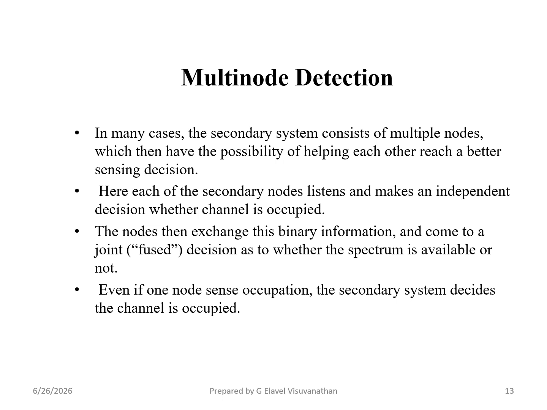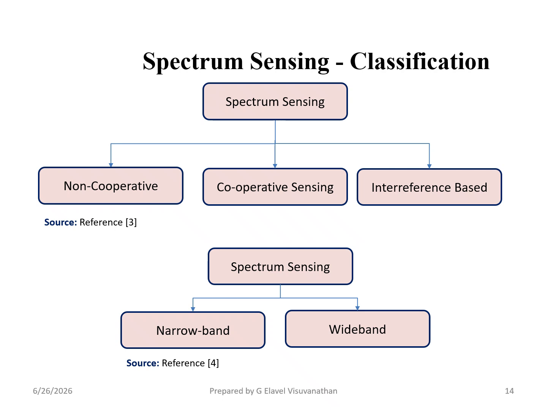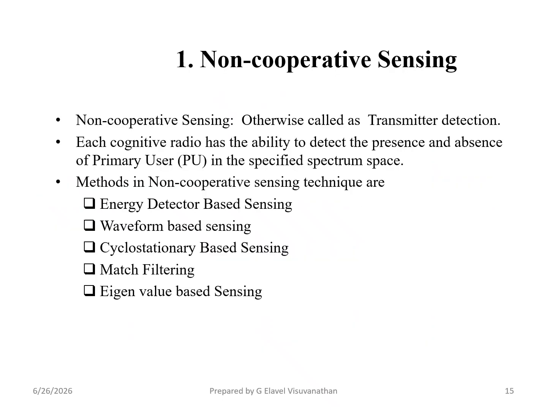That is multi-node. Spectrum sensing can be non-cooperative, cooperative, and interference based. In spectrum sensing, we go for narrowband as well as wideband. So there are three types: non-cooperative, cooperative, and interference based. Non-cooperative is called transmitter detection, where each cognitive radio has the ability to detect the presence and absence of the primary emission.